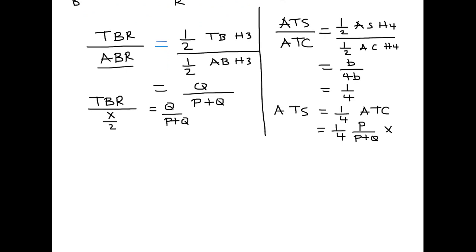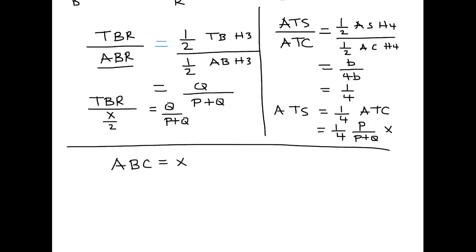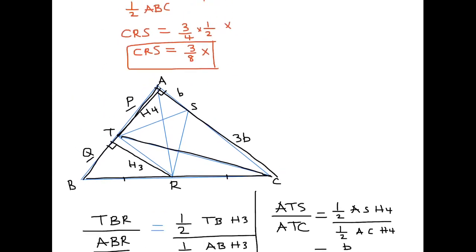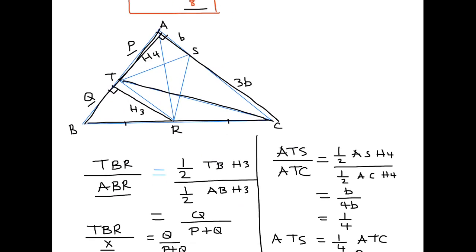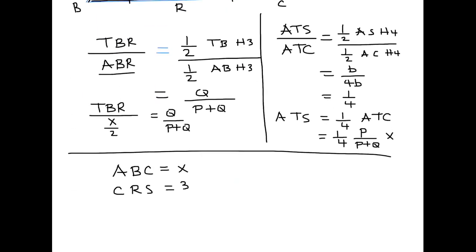And now we have pretty much all we need. Let's write out our findings. We've got ABC, which we let equal to X. We've got CRS, which we found at the very beginning up here, 3/8 X. We've got TBR, which is here, which was essentially equal to Q over P plus Q times X over 2.